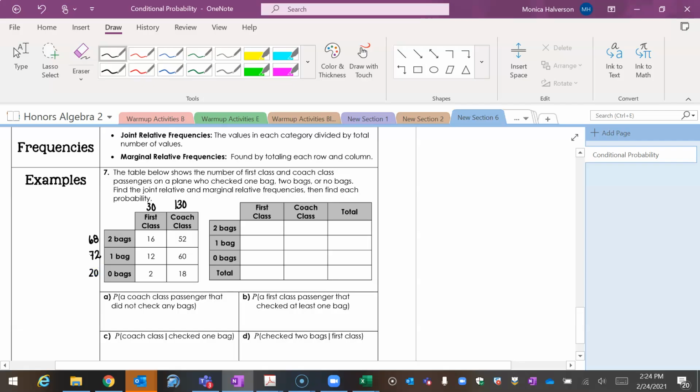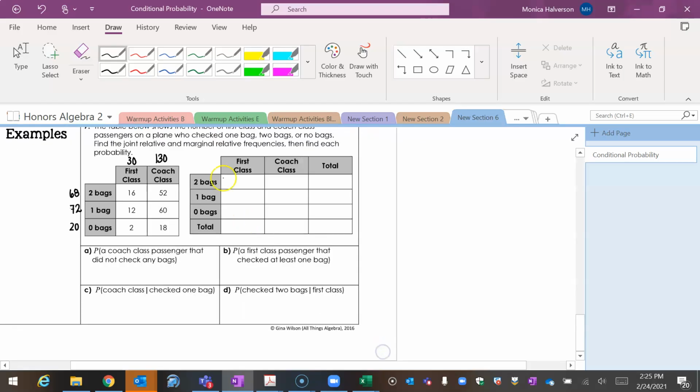So, to find the joint relative frequency, you're going to find the frequency of that specific category divided by the total number of values. With first class 2 bags, it's 16 over 160, which is 0.1.